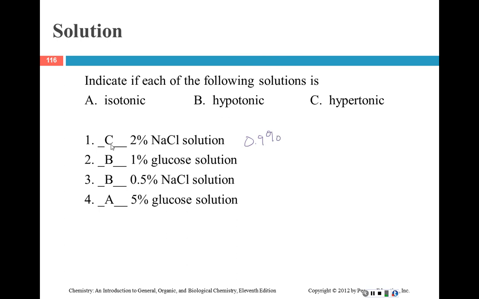So this one is higher, so that's why it's hypertonic. 1% glucose solution, we're about 5%, and so that would be hypotonic. 0.5% sodium chloride would be hypotonic, again, because we're about 0.9%. Sorry, it's 5%. And 5% glucose is what we are, so that would be isotonic.